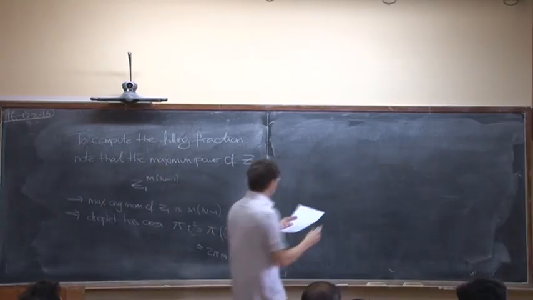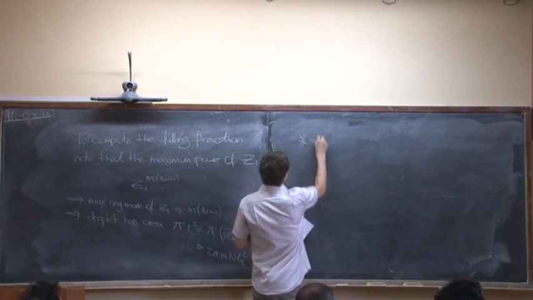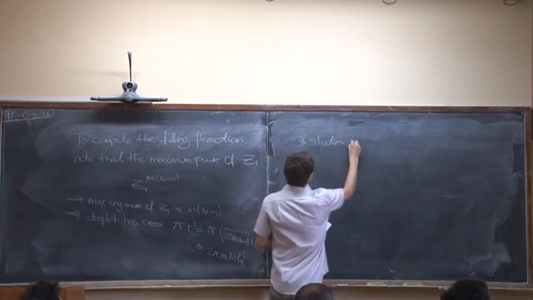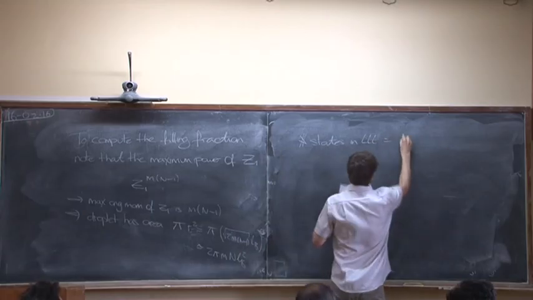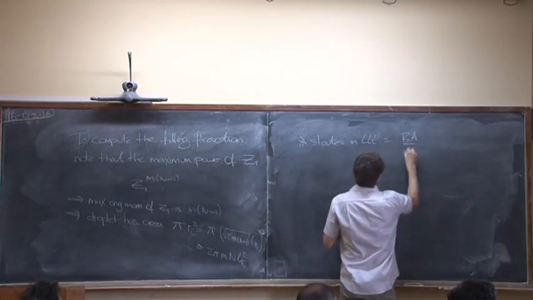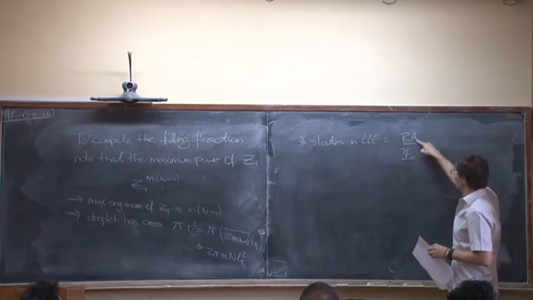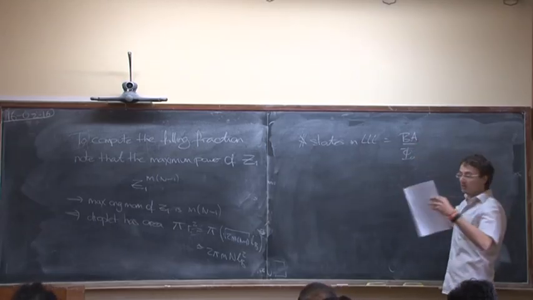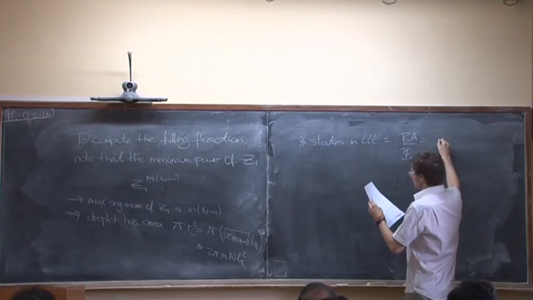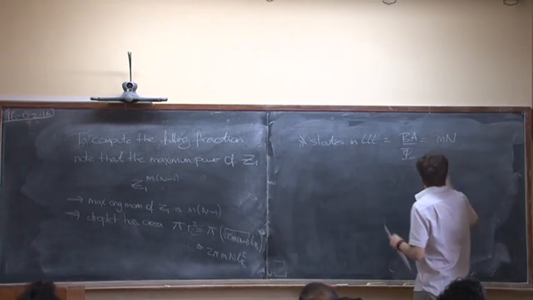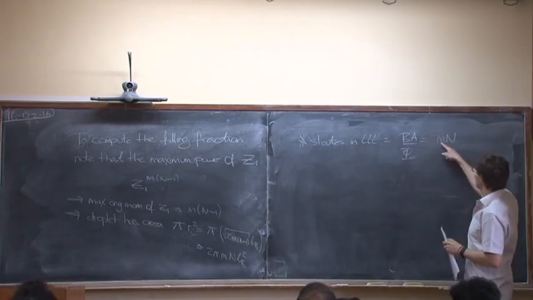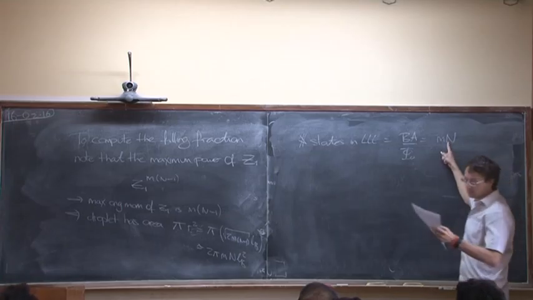But the number of states in the lowest Landau level is just B divided by phi_0 times the area of this space. And just plugging this in, you get m times the number of particles.